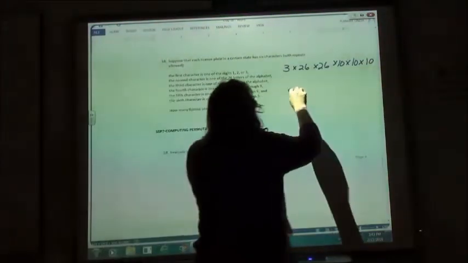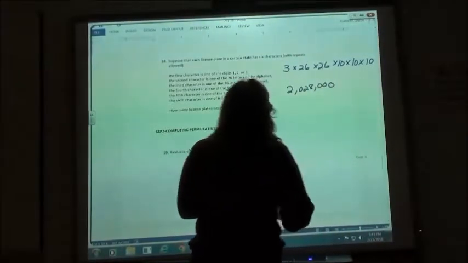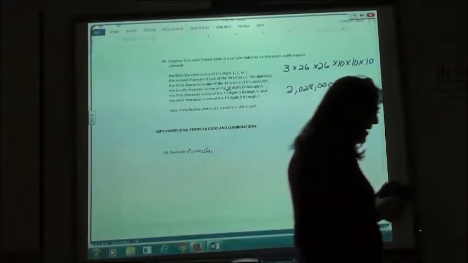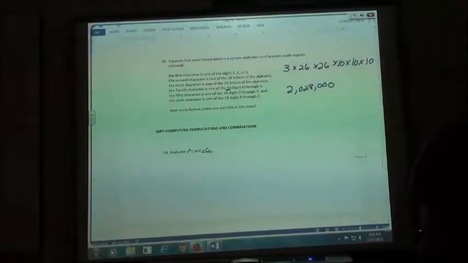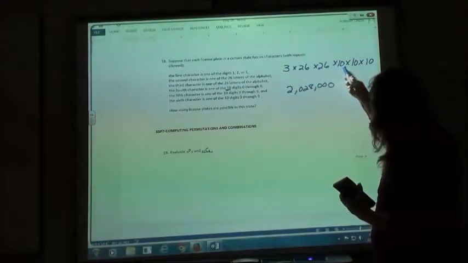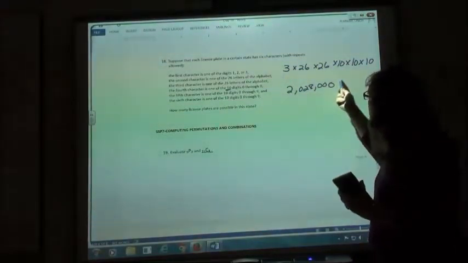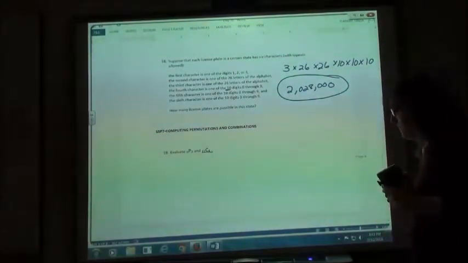I can have 2,028,000 different license plates as long as I repeat the values. So fundamental counting principle: I just take each of my number of choices for each of my options and multiply them together. That's going to give me my total number of possibilities.